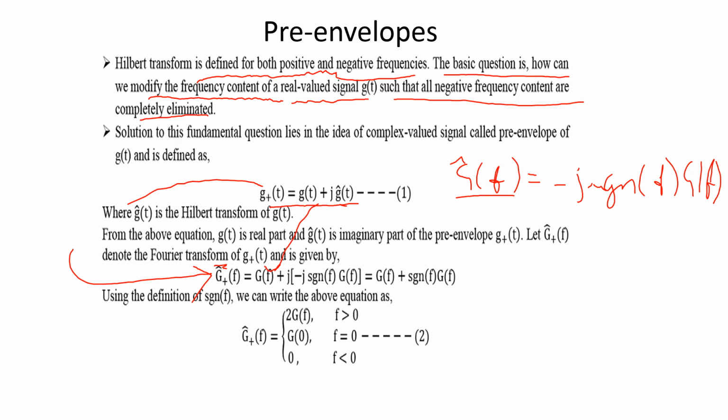So we can rewrite this equation in terms of the Fourier transform: G plus of f is equal to G of f plus j times g cap of f.